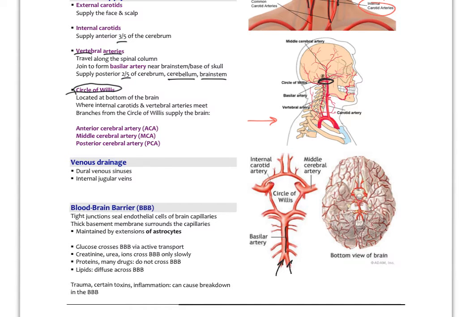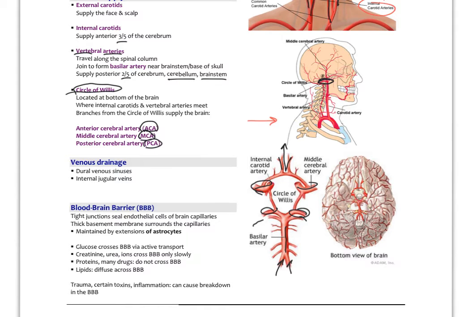And then we have the carotids that come in, and they're feeding the circle of Willis. And then we have three major branches that come off. One on the front, there's actually two of them, and then we have a middle one, and then there's a posterior one. These are the major cerebral arteries. So that would be the anterior cerebral artery, the middle cerebral artery, and the posterior cerebral artery.